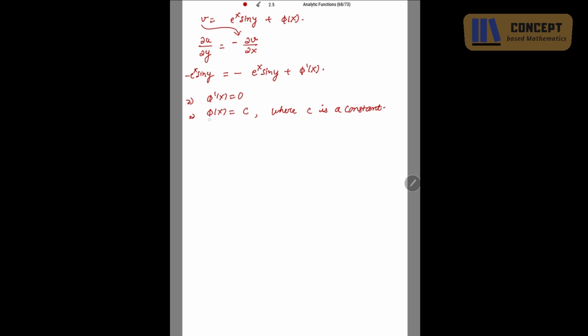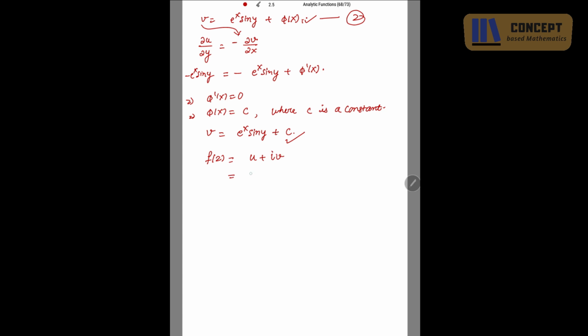Put this phi of x back into this equation, that is your second equation. So v is equal to e to the power x sine of y plus c. Now finally I got v, that is the harmonic conjugate. Now f of z is u plus iota v.